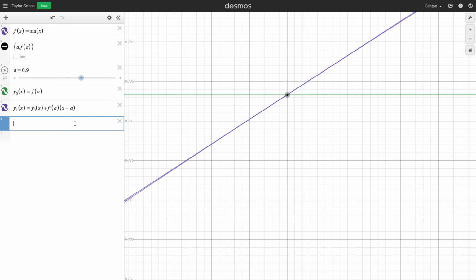But then if we want a higher degree of accuracy, another order of higher precision, let's say a first order approximation of sine of x, we would not only want to match the y value, which is taken care of by the 0th order approximation, we'd also want to tack on this information about the slope, which is what f prime of a times x minus a is accomplishing.